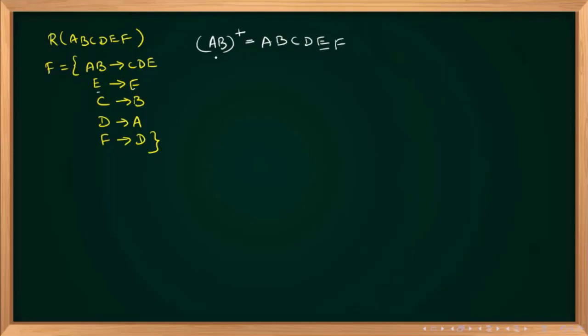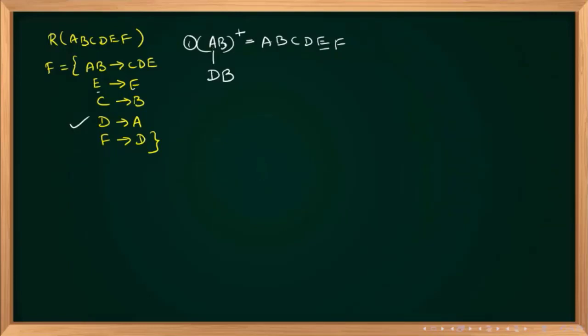Now, to get all the other candidate keys, what are we supposed to do? Take the first candidate key, AB. Instead of A, I can substitute D. So instead of A, I am substituting D, and it becomes DB. Now all substitutions for A are over, only one A was there.